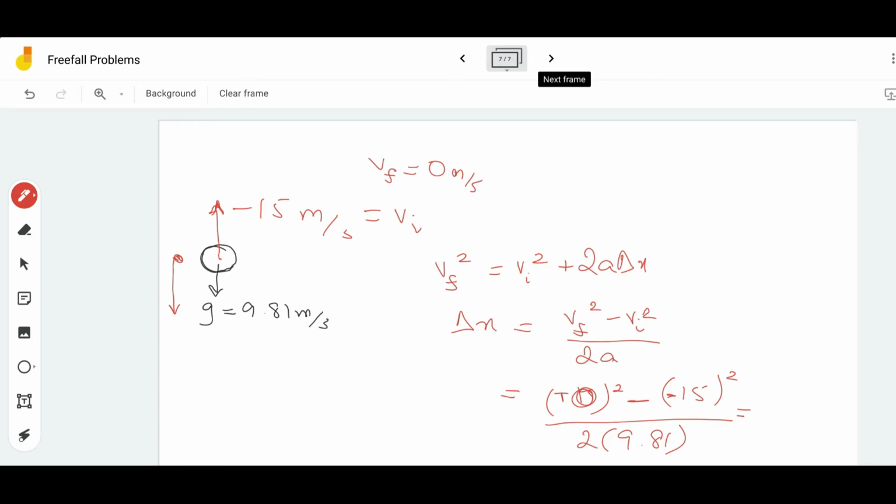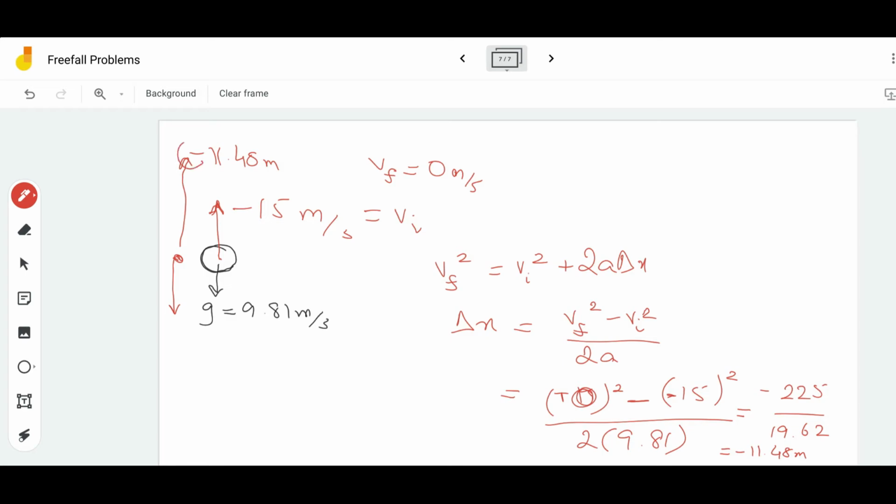This is equal to negative 225 divided by 19.62, and what you come out with is negative 11.48 meters. So the ball is going to travel upwards by negative 11.48 meters.